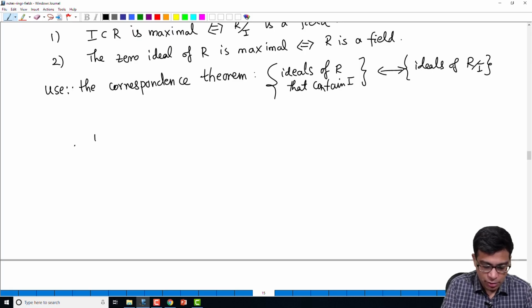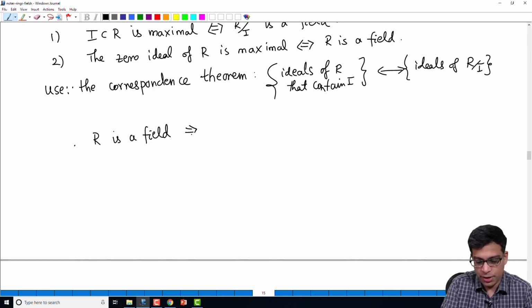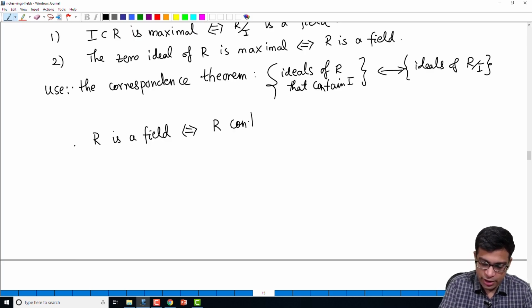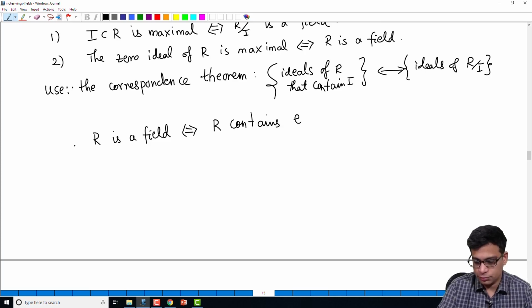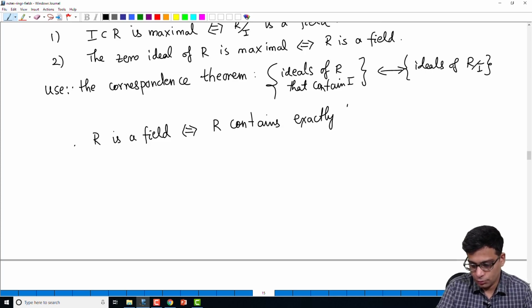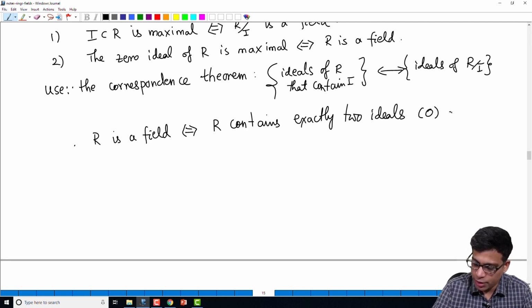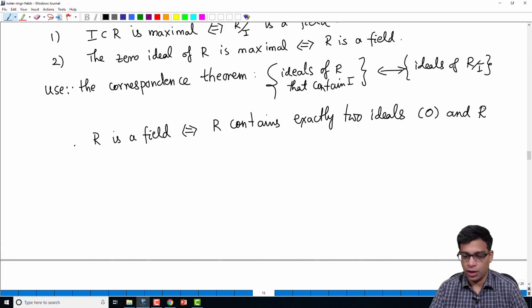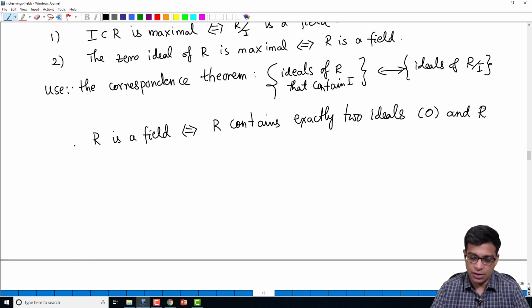The other fact is R is a field, which I also mentioned before, if and only if R contains exactly two ideals, namely the zero ideal and R. Remember, every ring contains two ideals, 0 and R. It is a field if and only if these are the only ideals.